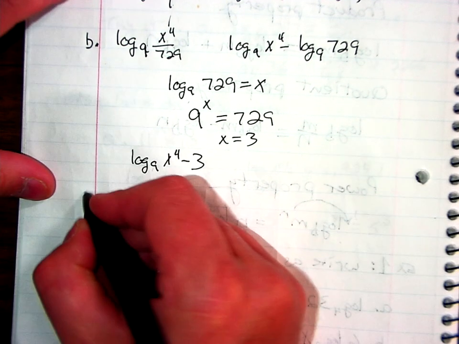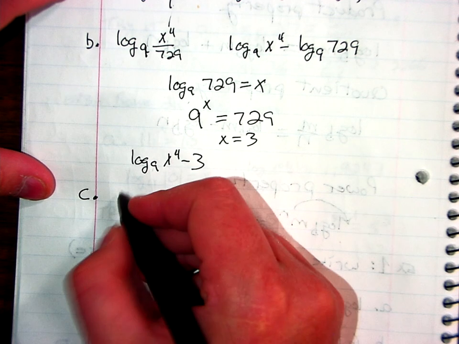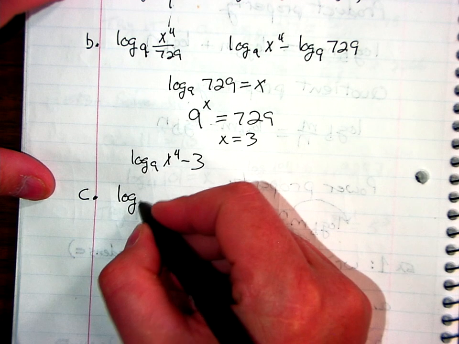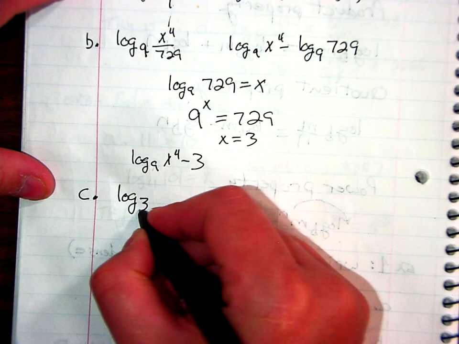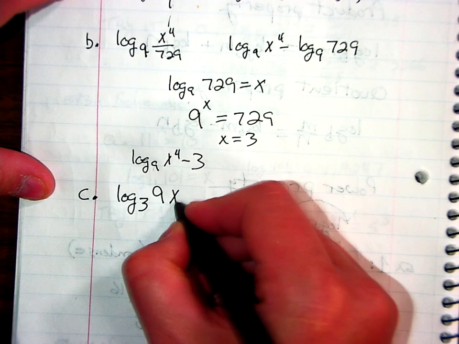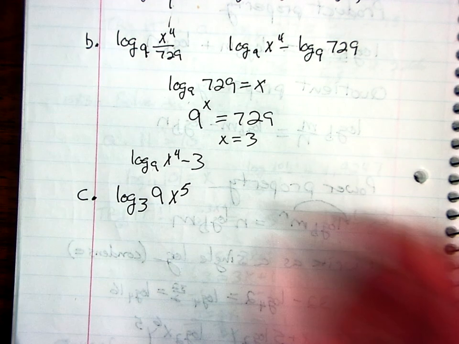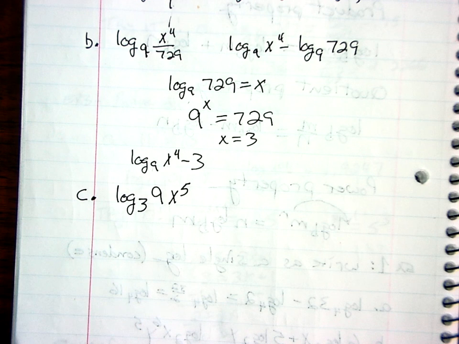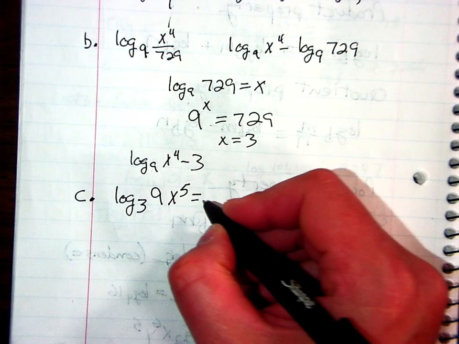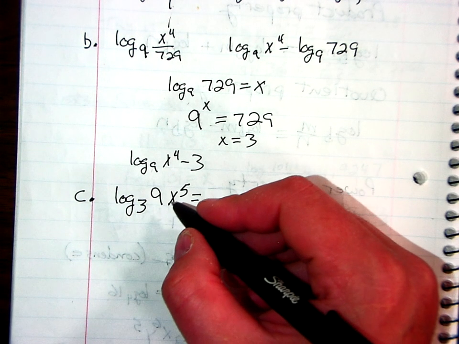All right, last problem for today. Log base 3 9x to the 5. So this is multiplying, so we can expand this. Was that the door?